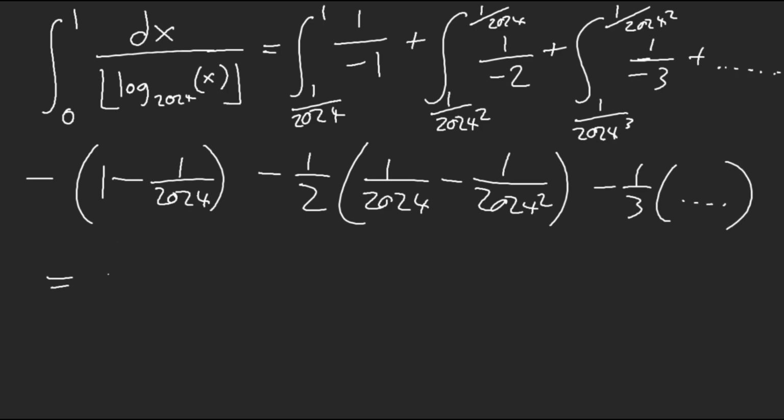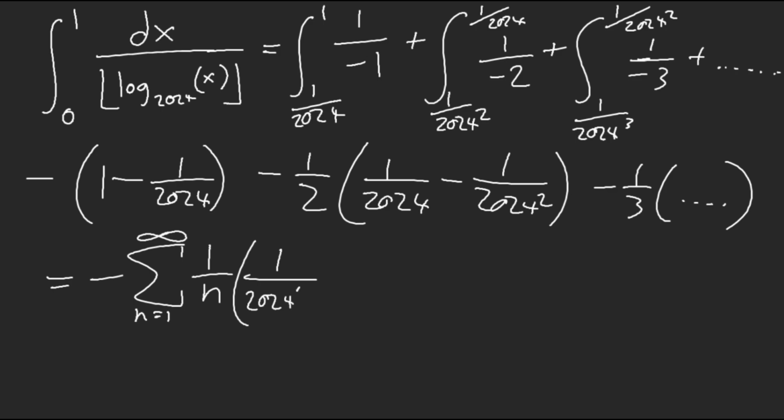So it's like the exact same thing. We construct an infinite sum, right? Here we have n equals 1, and we have 1 over n this time. It's a similar case.